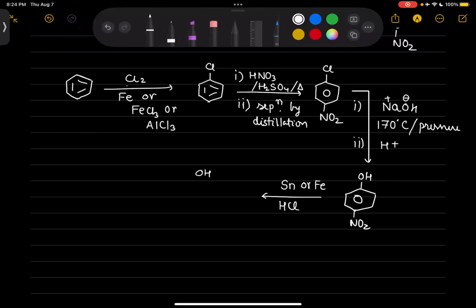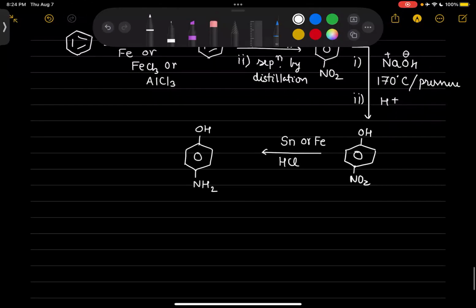Is it clear to all of you? Reduction of nitrobenzene. I hope all of you are clear with it. Got it? Then this is reduction. Then other steps you are familiar with.